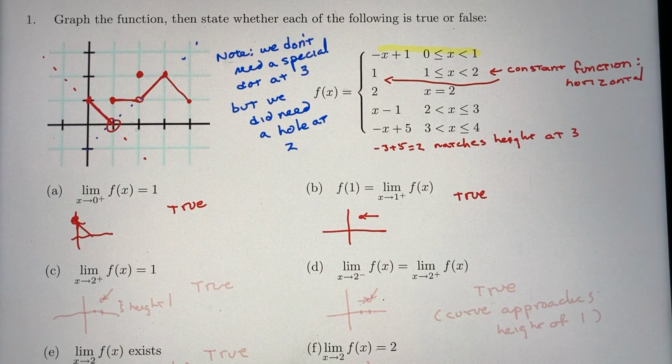Okay, does the limit as x approaches 2 from the right, so notice that's where the hole is, does that height equal 1? Yes. Does the limit as x approaches 2, which is where the dot is, the hole, if I approach it from the left and the right, am I approaching the same height? Yes.